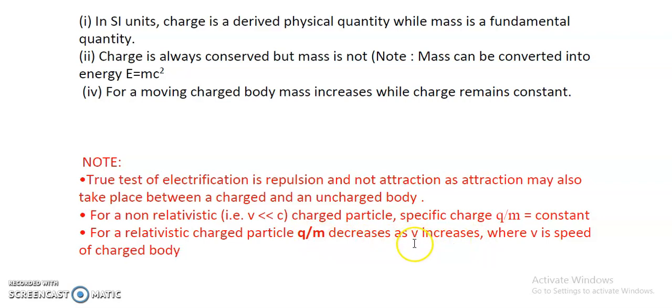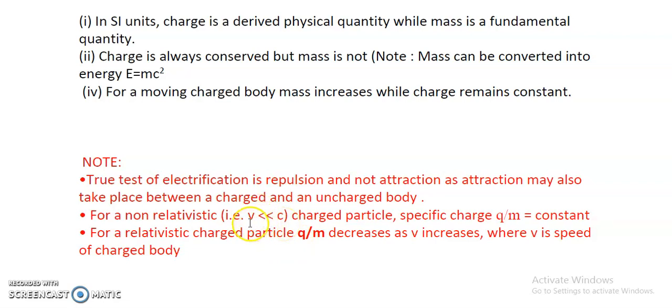So you can see here, if the mass of the charged particle increases, the charged particle is following the special theory of relativity. It means the charged particle is a relativistic charged particle. And when will it be followed? Definitely when the velocity of the charged particle is comparable with the speed of light.